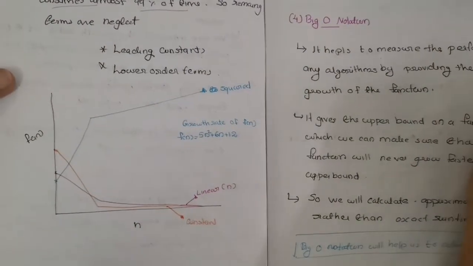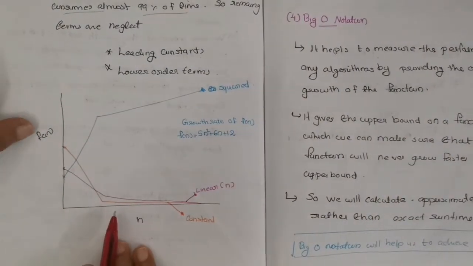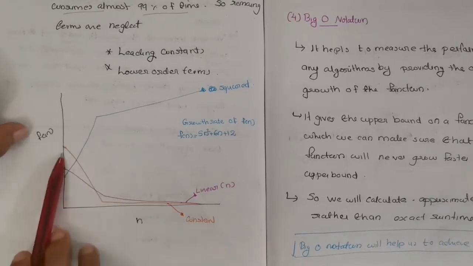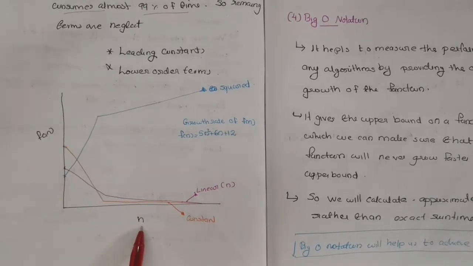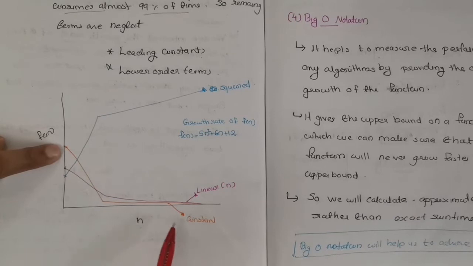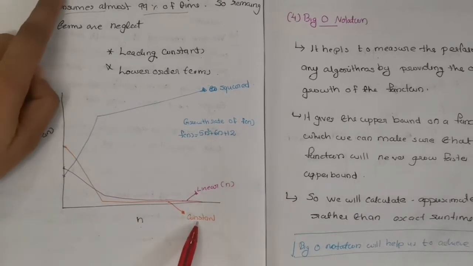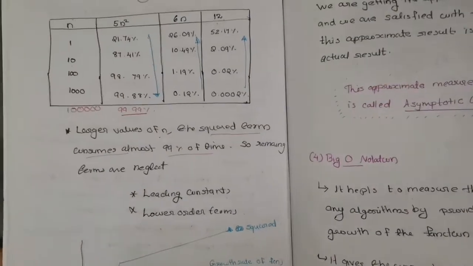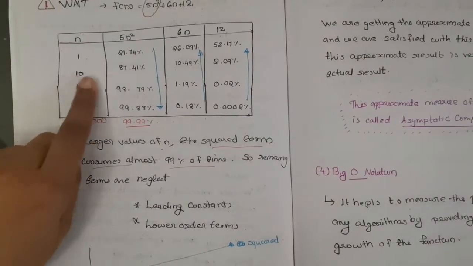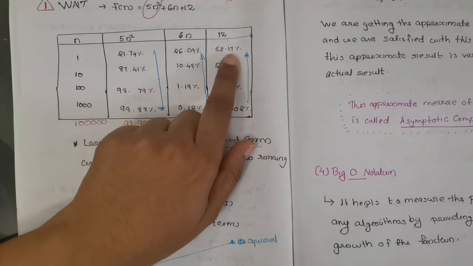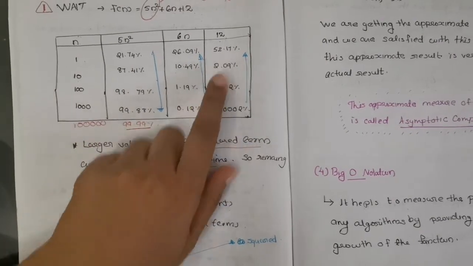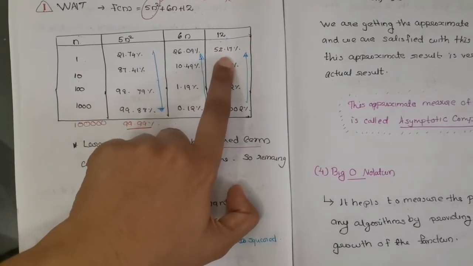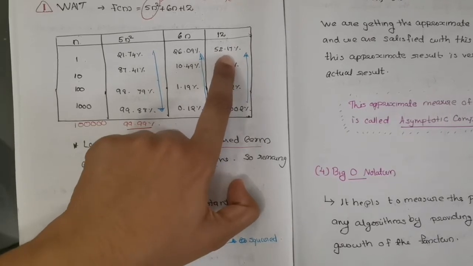The graphical representation you can see here: f of n, this is the f of n function against n. At first, the constant term consumes the majority of the time, right?